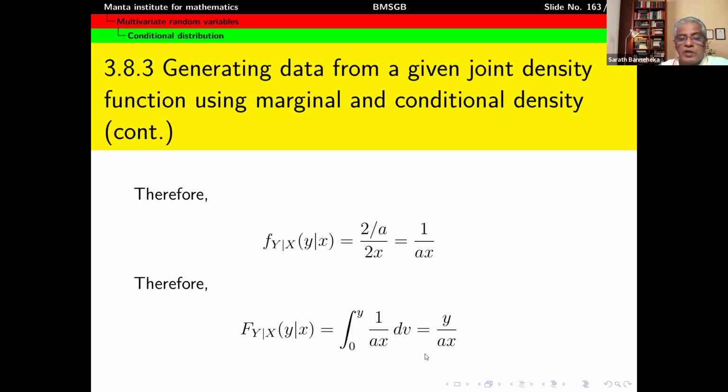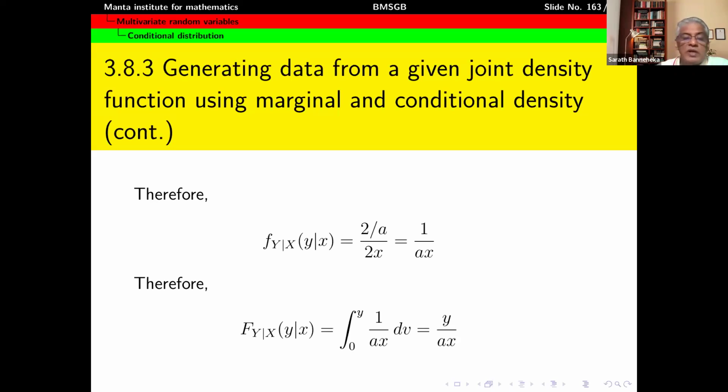This is the answer you're going to get. Right? So notice that this is a function of y and x both. We are evaluating this function at y, but for a given x equal to simple x. So that is the distribution of y given x equal to x.